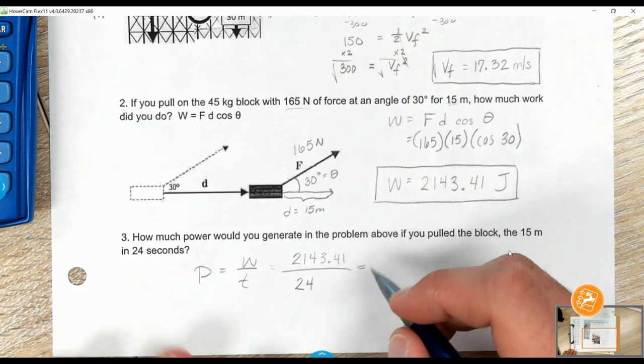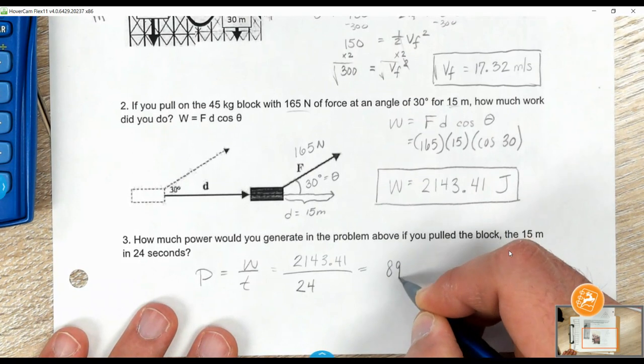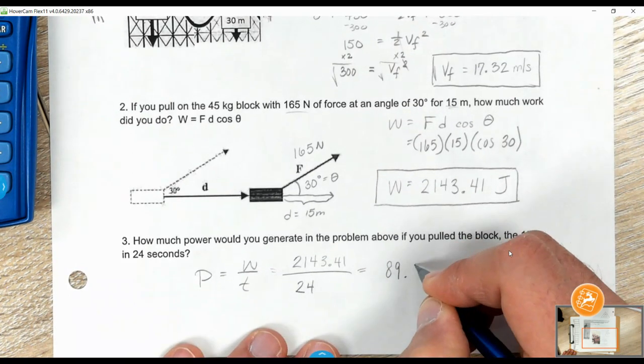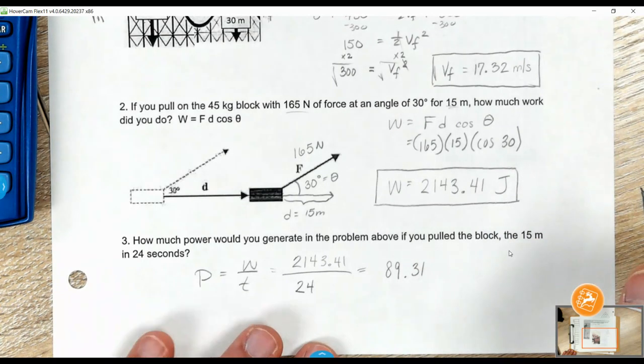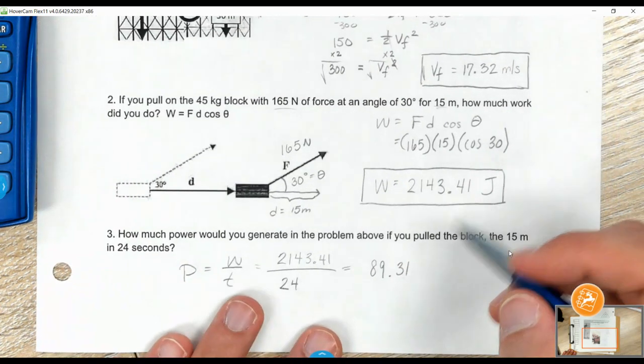And when we do so, we get a value of 89.31. What is the unit for power? Watts.